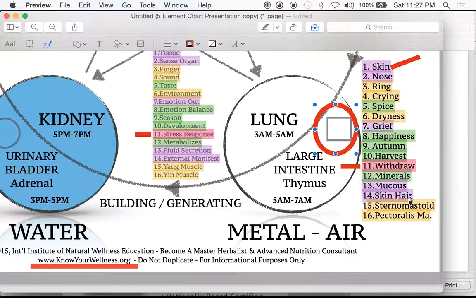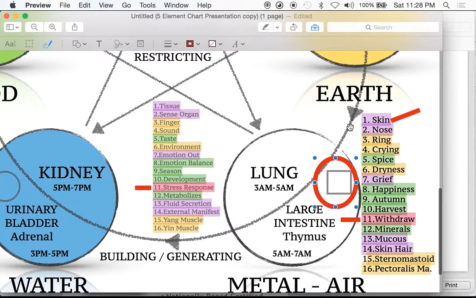So when people are having a lot of mucus problems, I would look at this element to see if it's out of balance. Skin and hair, because you'll hear people say that they took a lot of minerals and it improved their hair growth or their skin. Again, that ties back to this element being about metabolizing minerals.